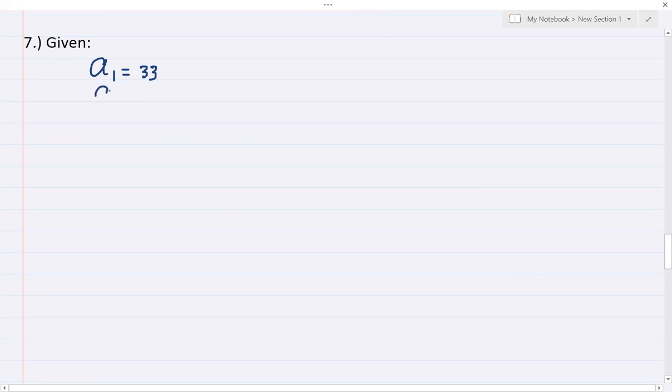Then your a sub n is equal to 121, and your n is equal to, let's say, 12. What would be the common difference?